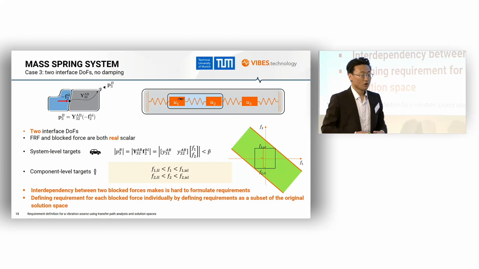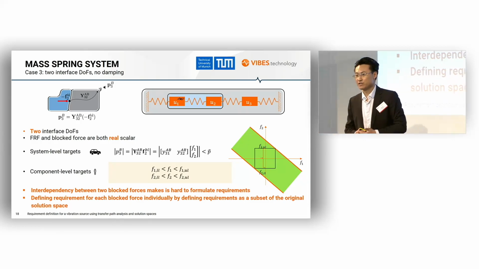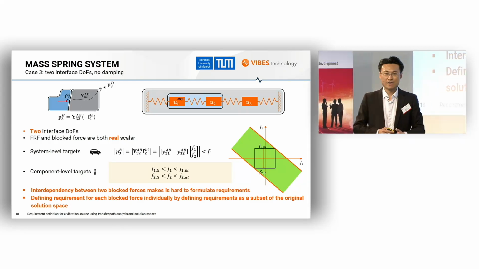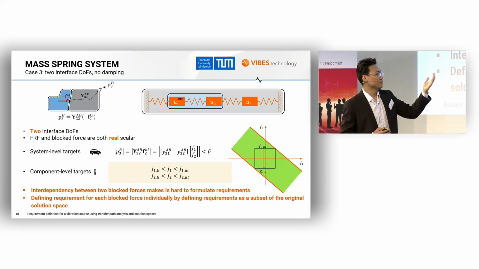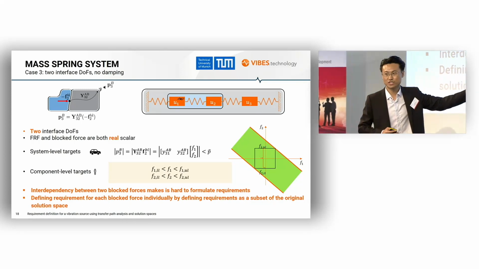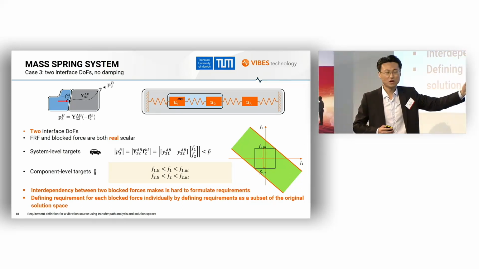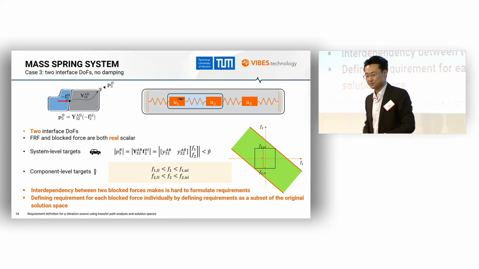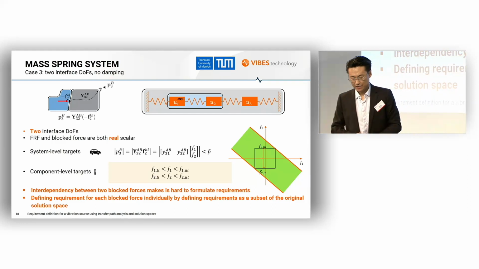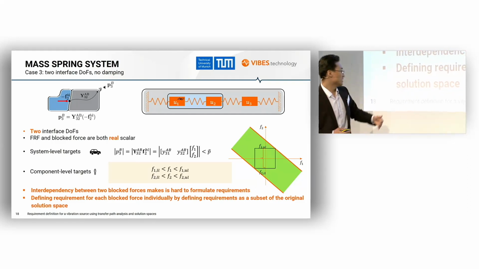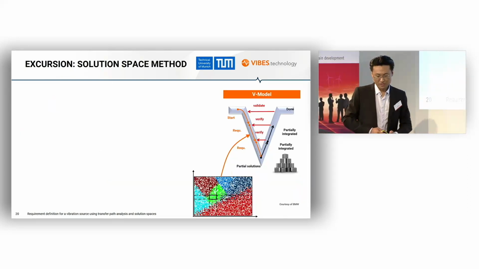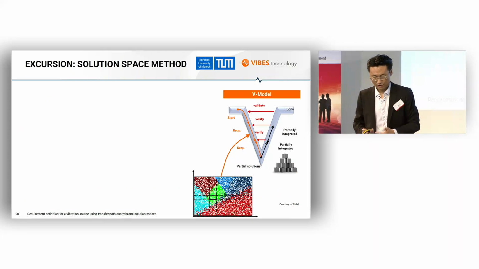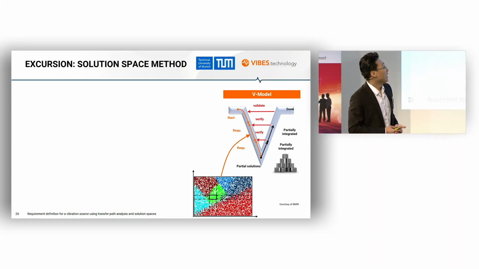As a result, we can formulate the requirements as individual admissible value ranges for F1 and F2, bounded by their lower and upper limit value. This is what we call the solution space method. So I will introduce this method shortly.